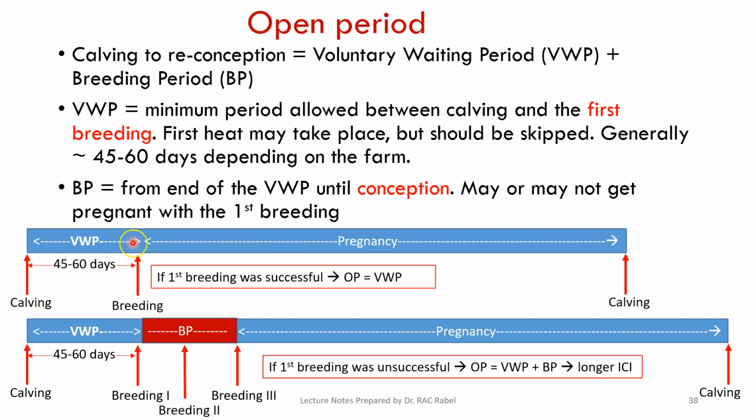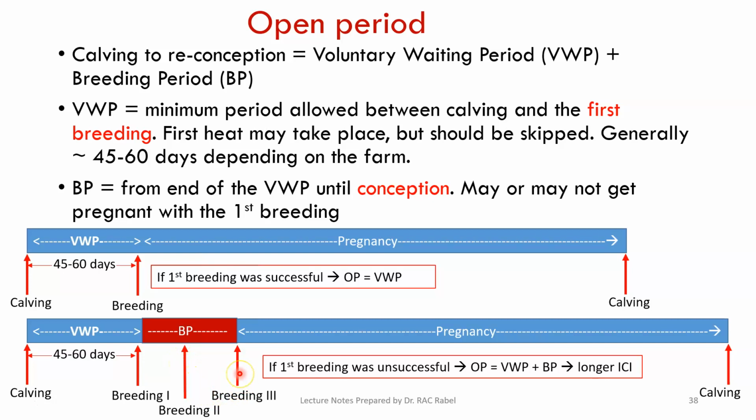So if the animal conceives with the very first breeding, very first AI or natural breeding, voluntary waiting period equals open period. But unfortunately, that is not how reality works. In certain cases, the animal doesn't conceive with the first breeding, 21 days later doesn't conceive with the second breeding.